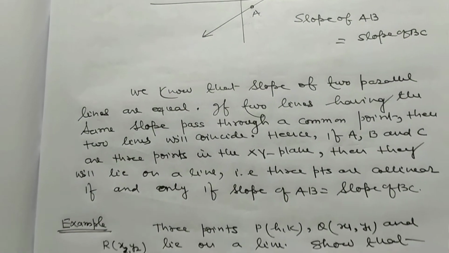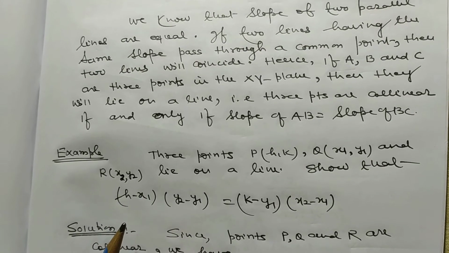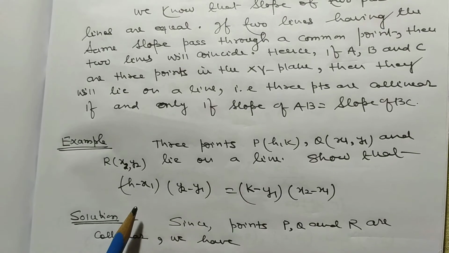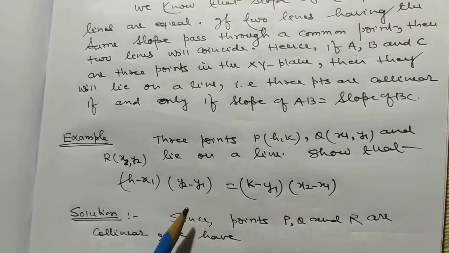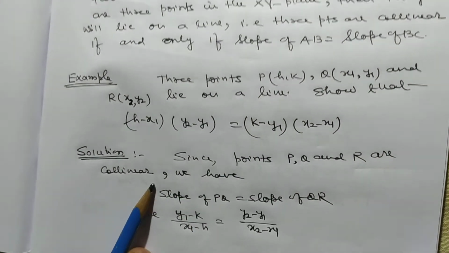So three points P(h, k), Q(x1, y1) and R(x2, y2) lie on a line, so that (h minus x1)(y2 minus y1) is equal to (k minus y1)(x2 minus x1).